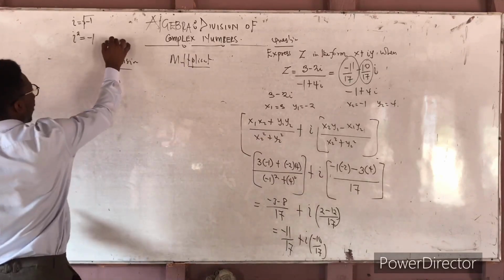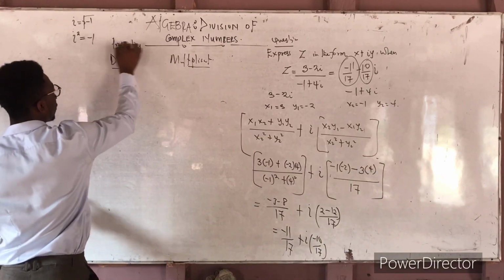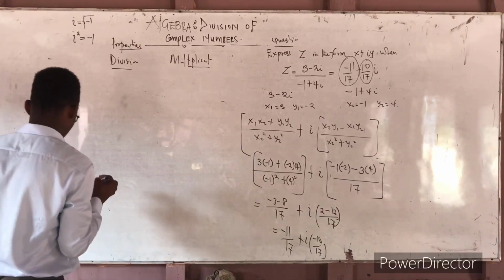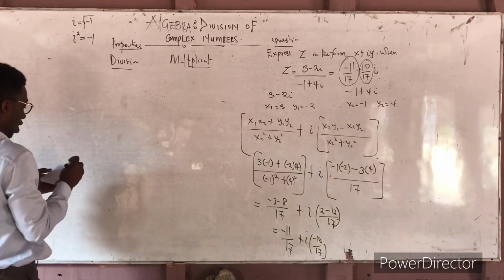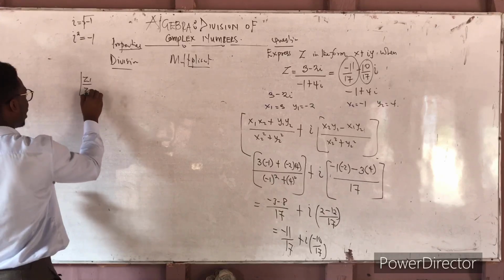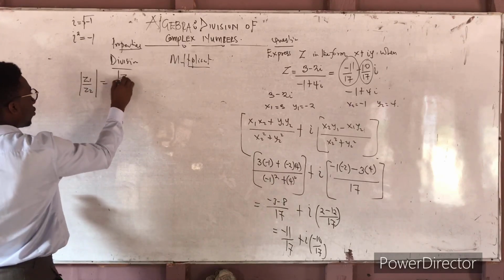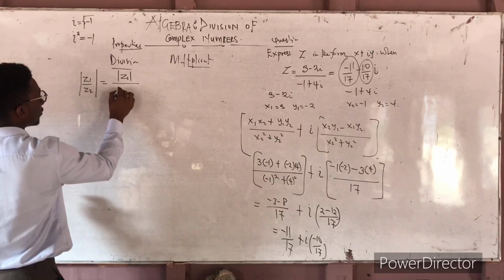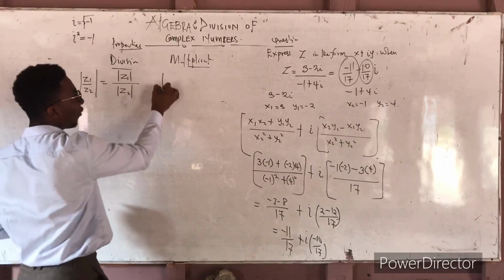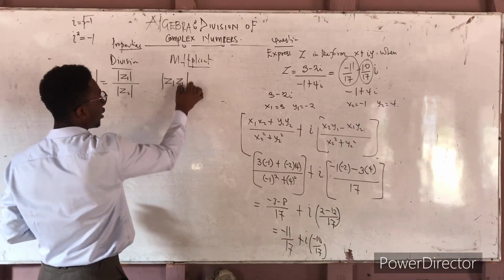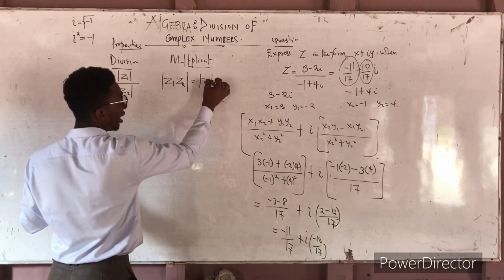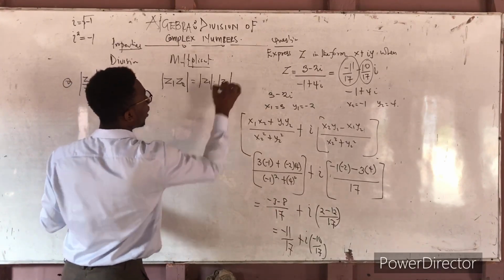So with the properties, and the division, anytime you have the modulus of z1 over z2, it is equal to their individual moduluses, you should take note. So this is the first property. That was the same way for multiplication. If you have z1, z2 multiplying, it's the same as their individual moduluses, and I proved that in the previous videos on multiplication.